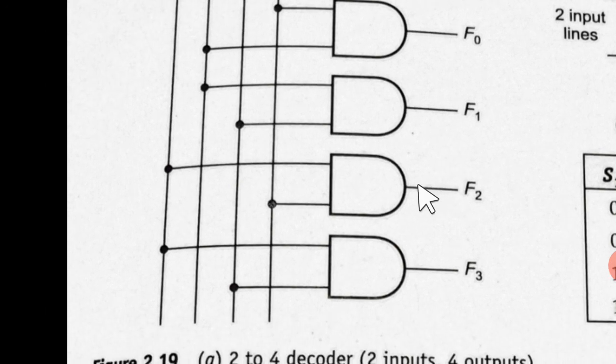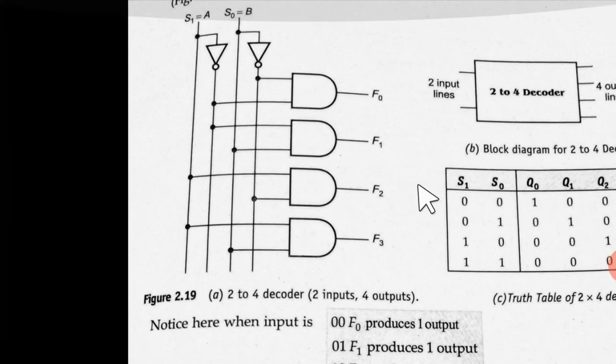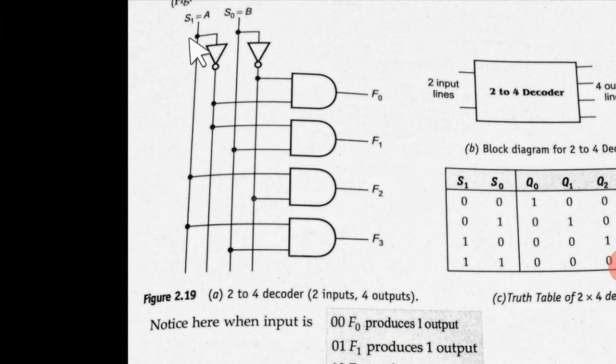Now students, when I look at this, you can see that two lines have been drawn, one for A and the other for B. You will draw two lines, and after that there is a NOT gate and another line drawn for each. So that gives A complement and B complement.